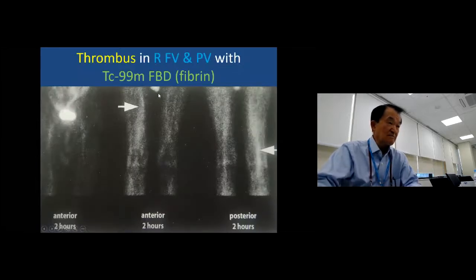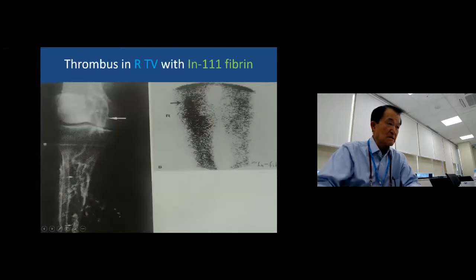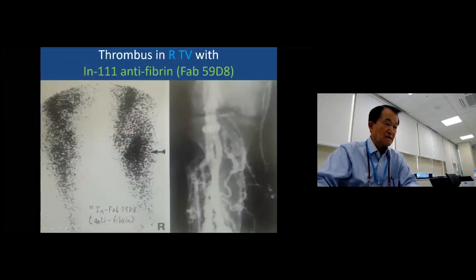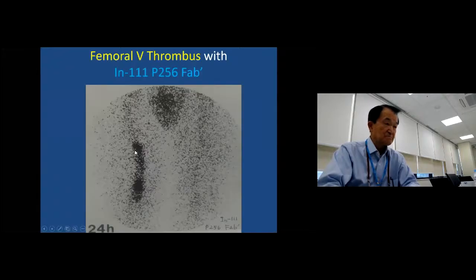This technetium-labeled fibrin shows activity. Again, some accumulation is fibrin, or this fibrin substance. And this is again an antibody against the platelet or fibrin.